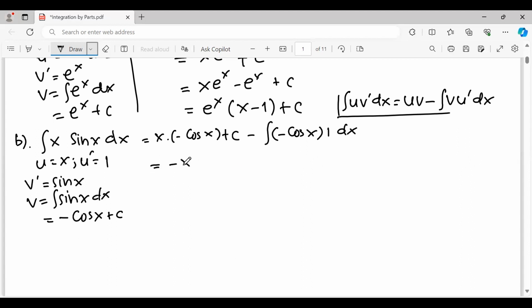So minus x cosine x plus c, minus becoming plus because of this negative, cosine x dx.